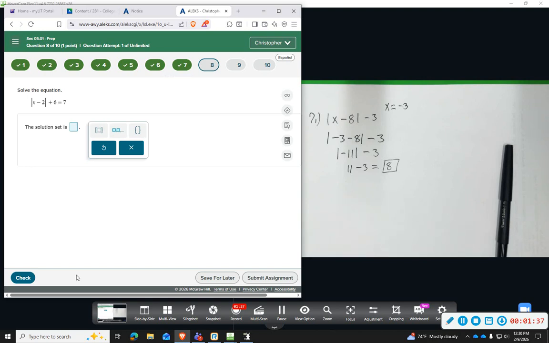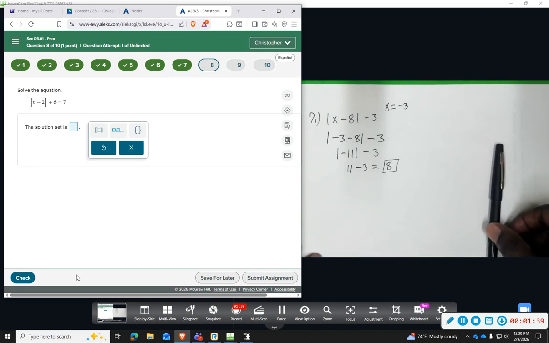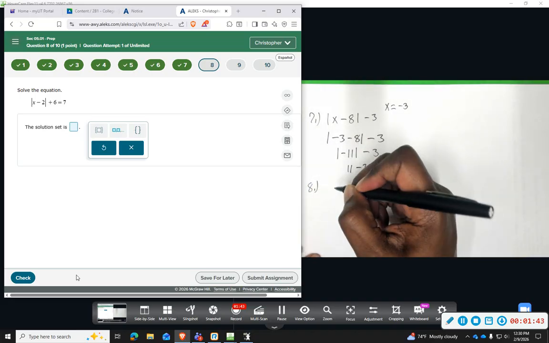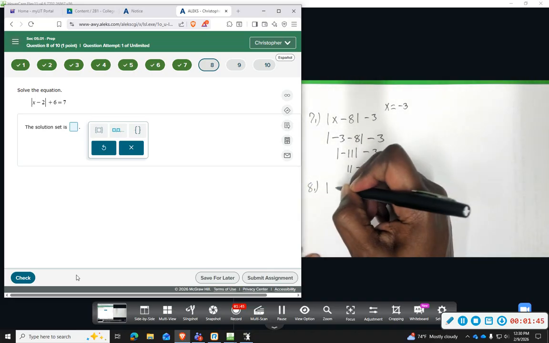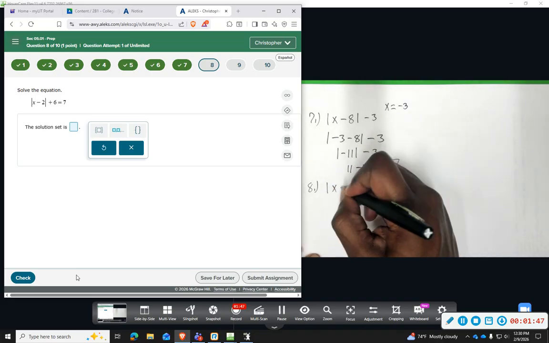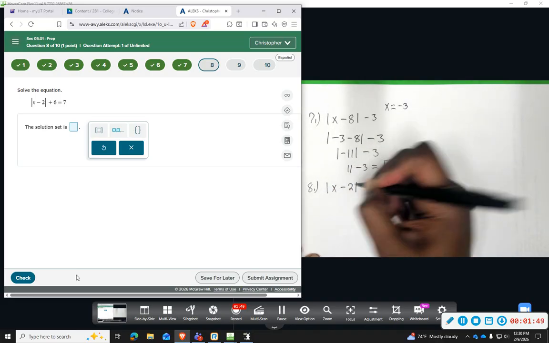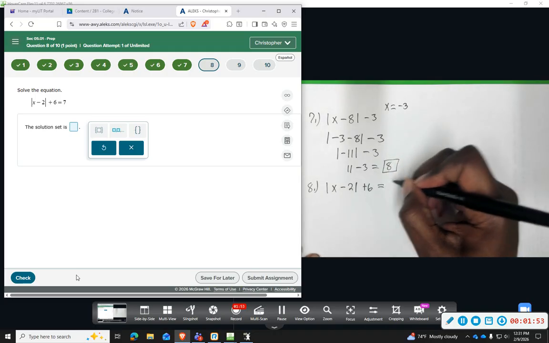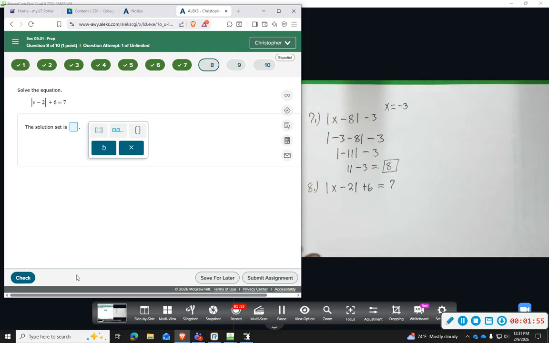All right, number 8, got another absolute value equation. So absolute value of x minus 2, plus 6 equals 7. When you solve an absolute value equation, you want to make sure that the absolute value is isolated, kind of like when we did the square root or the radical expressions.